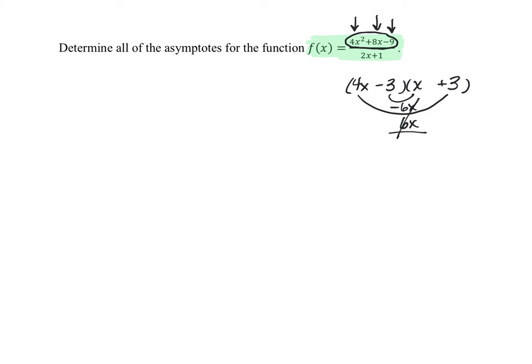Or the alternative to trial and error with factoring, remember, is the AC method, where you would multiply a times c. So in this case, 4 times -9 is -36. And we're looking for two numbers that would multiply together to give us -36, but we want them to add together to give us +8.